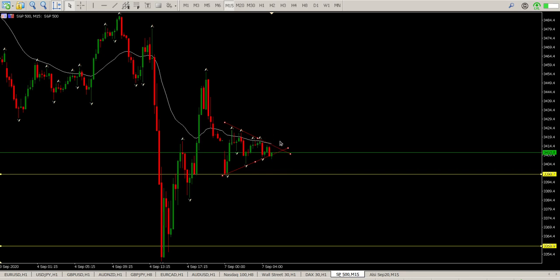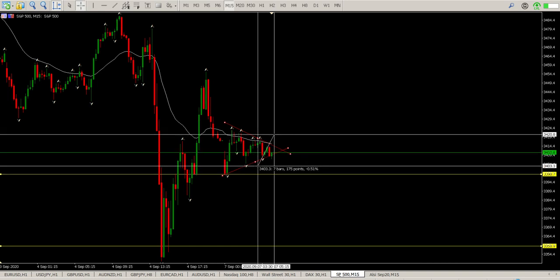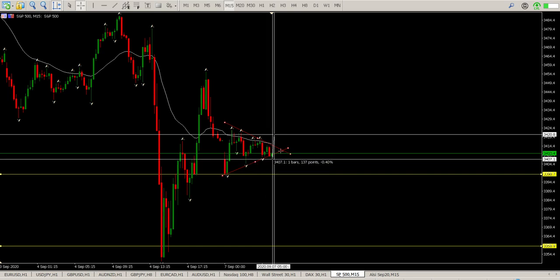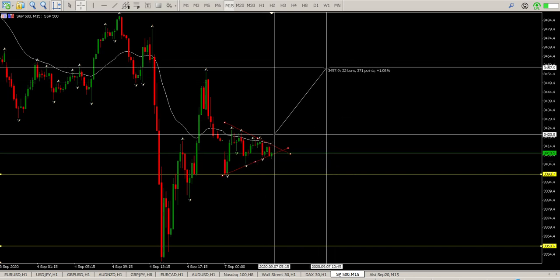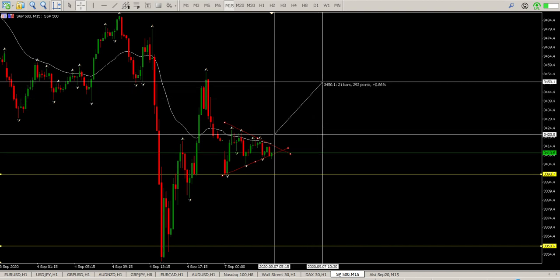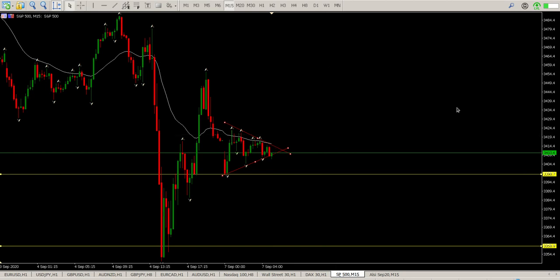Break, retest, close above those on the 15 would be a nice entry with a stop, decent risk to reward. 175 points, quite volatile at the moment. And obviously look at the levels that you've got: 169, 293, 400 point trades to the upside.